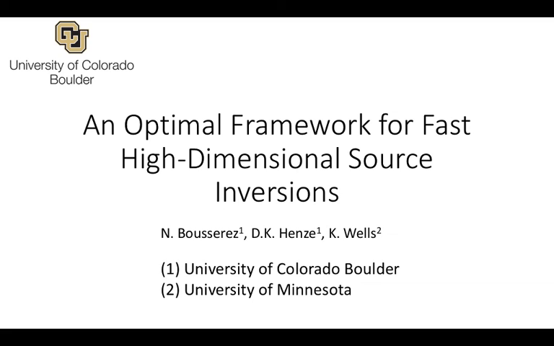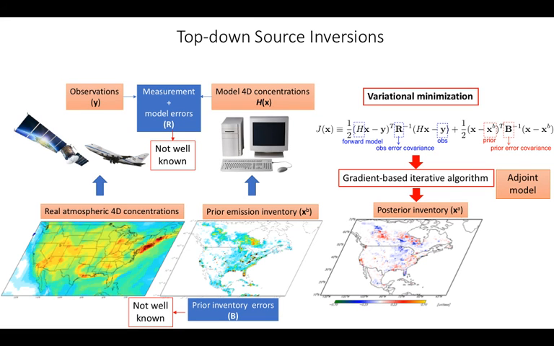A typical high-dimensional source inversion would be an update of a high-resolution bottom-up prior emission inventory using a bunch of data, such as satellite measurements and aircraft measurements. You use a model and try to find an emission inventory such that the model concentration better matches the observations.